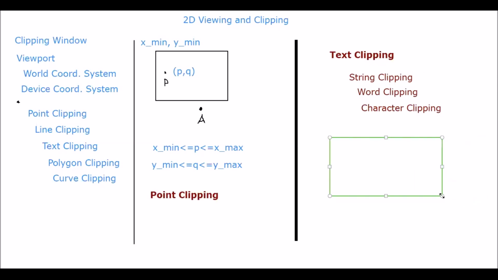So if this is my clip window, I'll just write two or three lines here. This is a clipping class. Then I write one more line here: what we mean by this. So this is another.